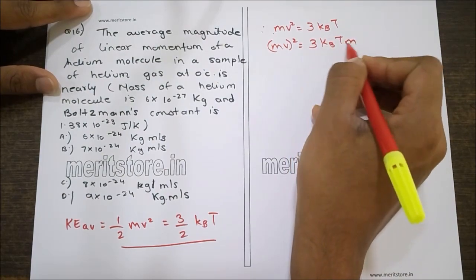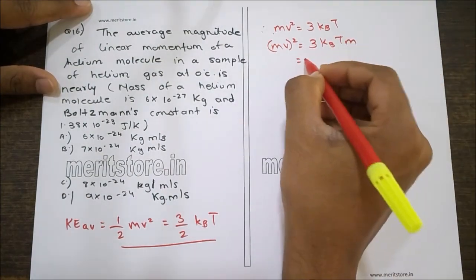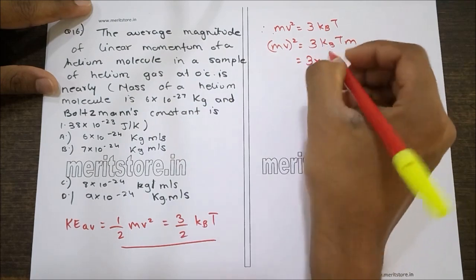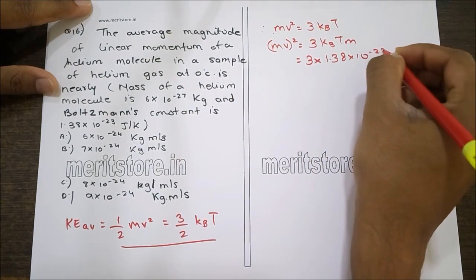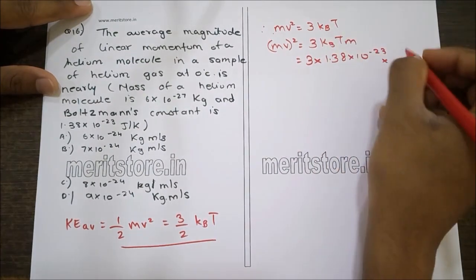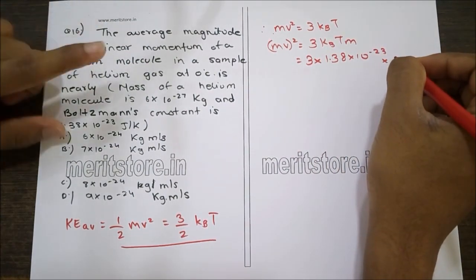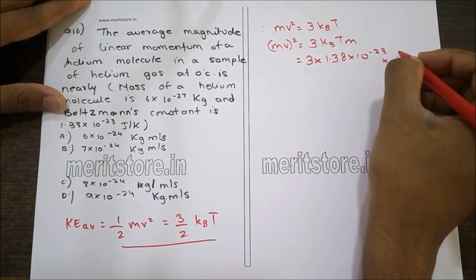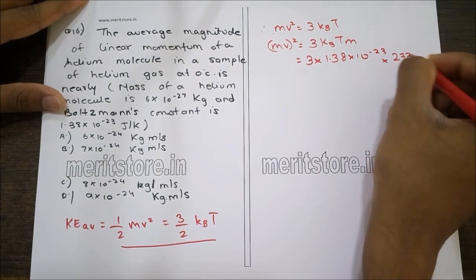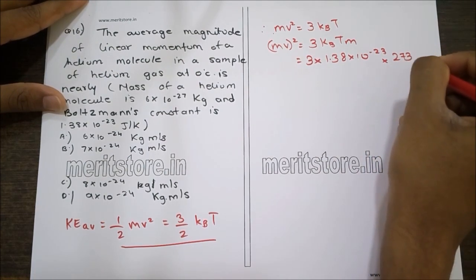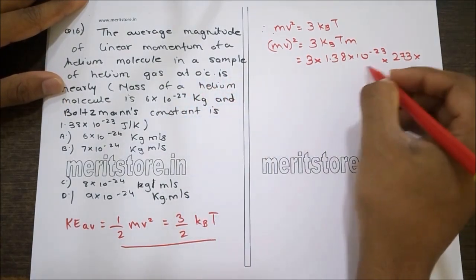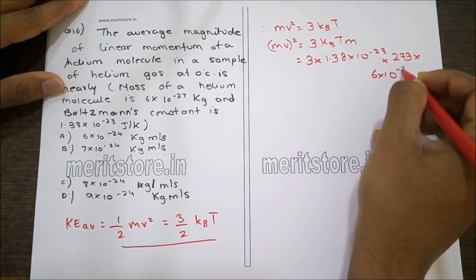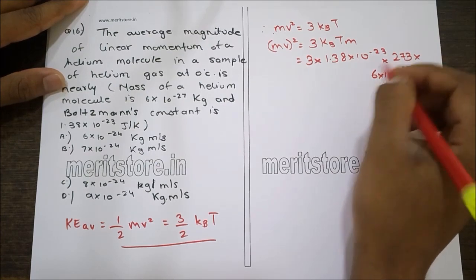Now substituting the values of kB, T and m in this, we'll get 3 times kB, which is 1.38 into 10 raised to minus 23, and T is given as 0 degrees Celsius, so that is 273 Kelvin, into the mass of the molecule, which is given as 6 into 10 raised to minus 27 kg.